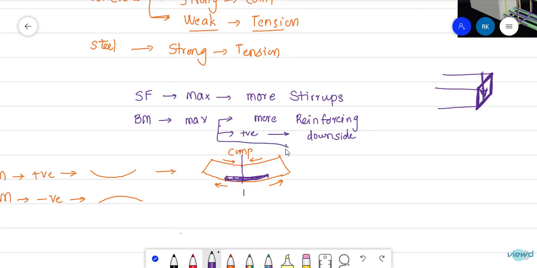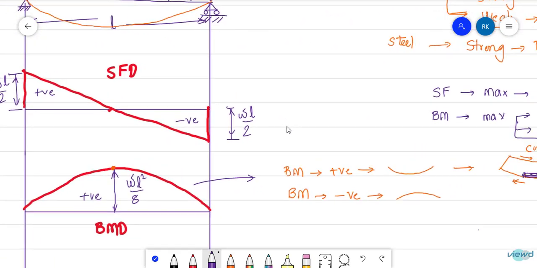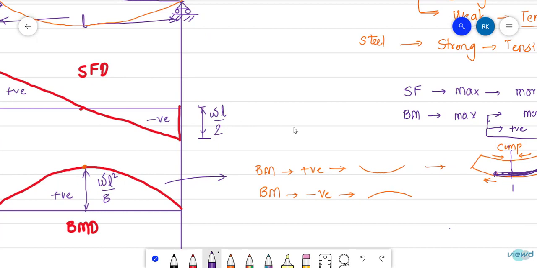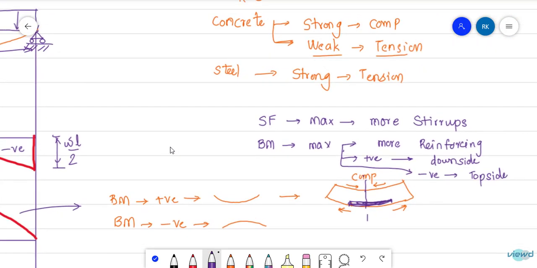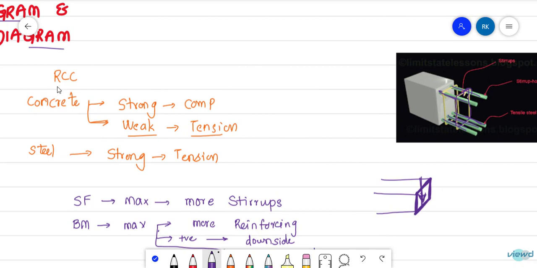If the maximum bending moment is negative, reinforcing should be done top side. So this is what a bending moment diagram and shear force diagram give us, and from that we can actually design the beams. Mostly we see this in RCC only. That's why I have taken this example.